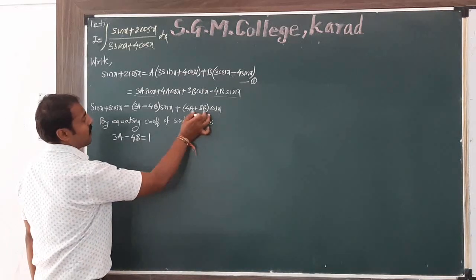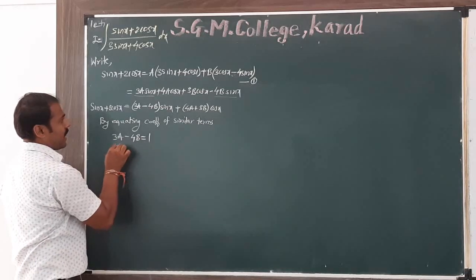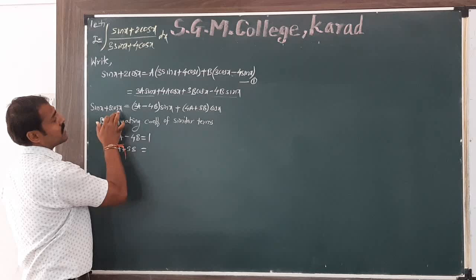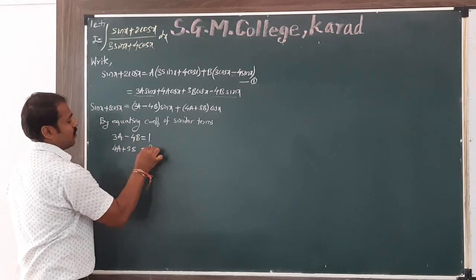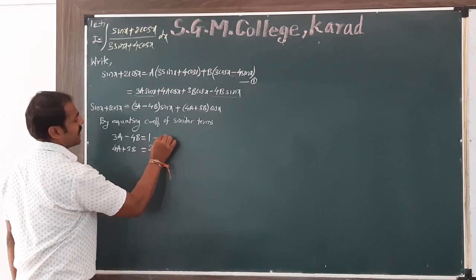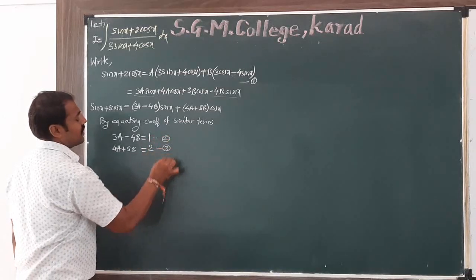Here coefficient of cos x is 4a plus 3b is equal to 2. Okay, on solving these two, it's equation number second and it's equation number third.